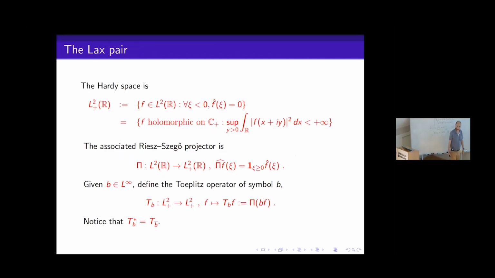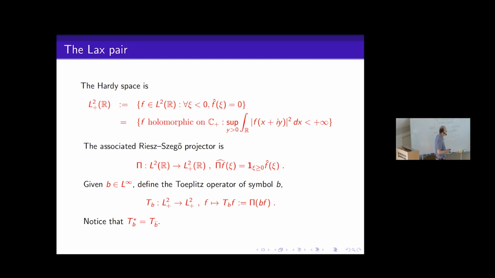Let's talk about the Lax pair. For studying the Lax pair, it's extremely useful to introduce the auxiliary Hilbert space, which here is denoted by L2 plus of R. Some other people like to call it H2 of C plus, but H2 is already taken. So this will be L2 plus.